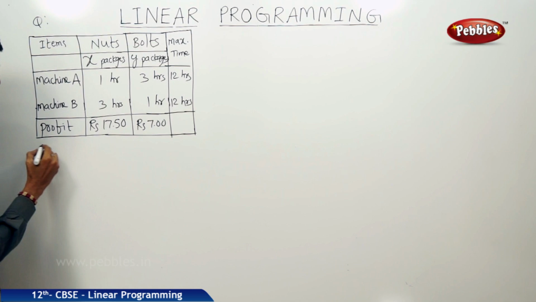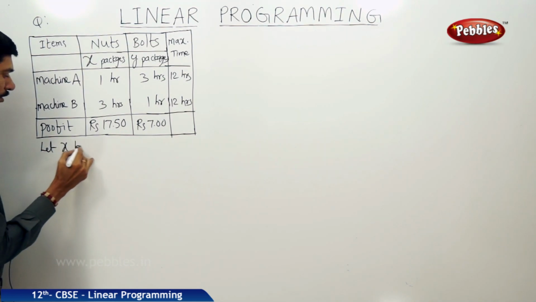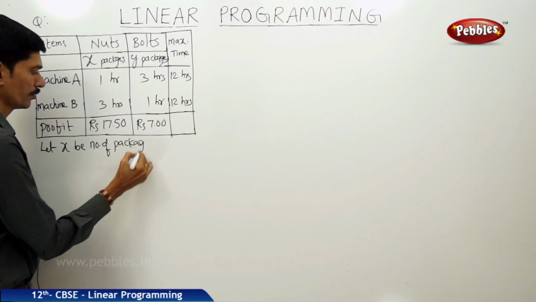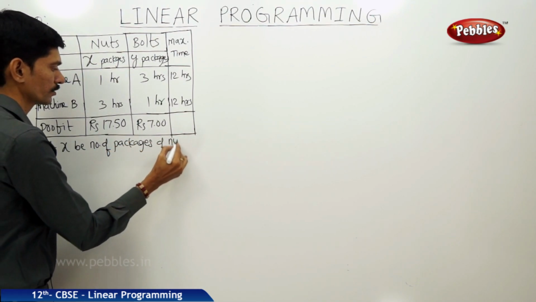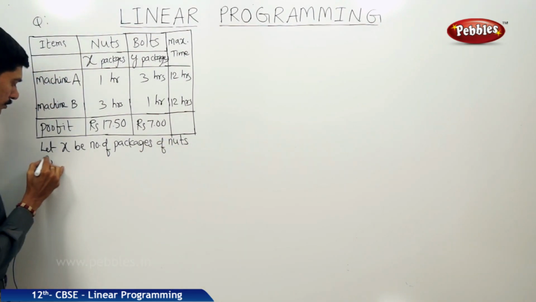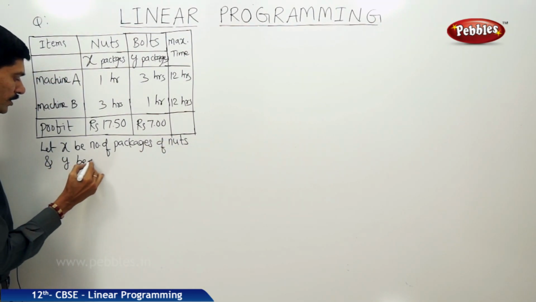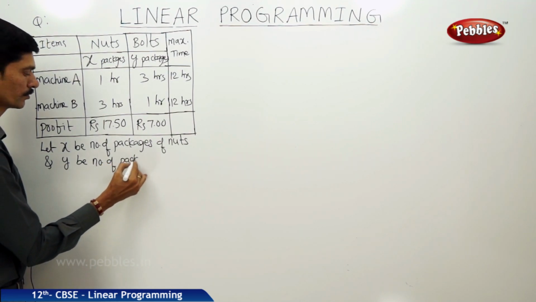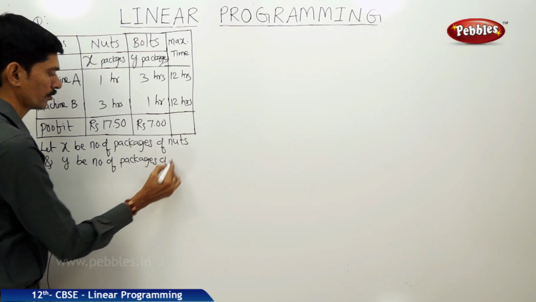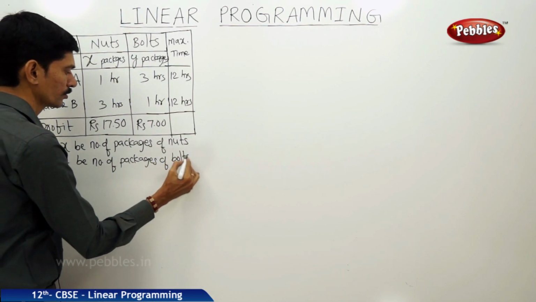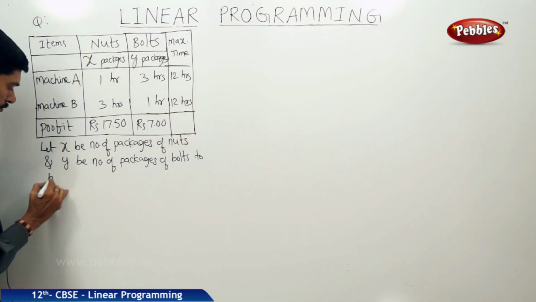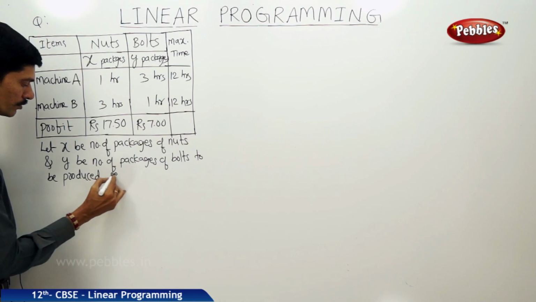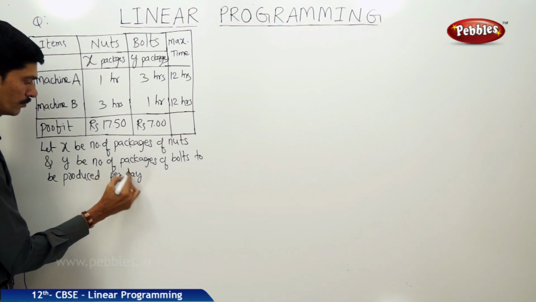So here let X be the number of packages of nuts and Y be the number of packages of bolts to be produced per day.